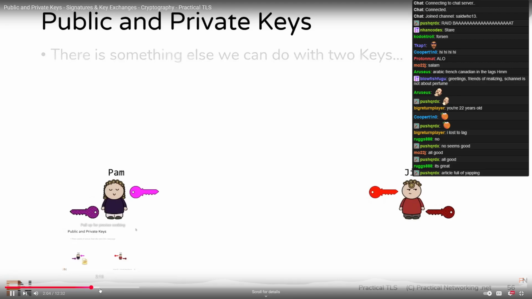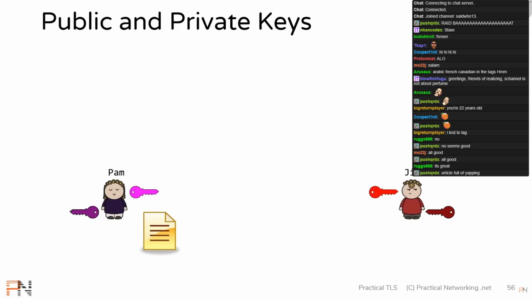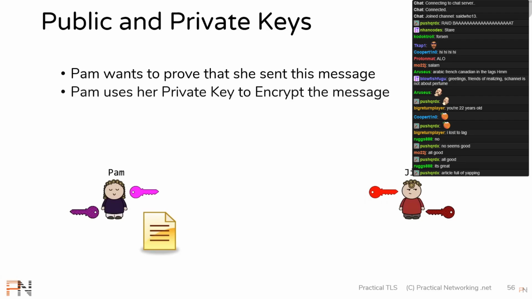Let's say Pam now has a message for Jim. Let's say for this particular message, Pam doesn't care about the confidentiality, meaning she doesn't care who can read this message. But she definitely wants to prove that it was definitely her that sent this message. What she can do is use her own private key to encrypt that message.